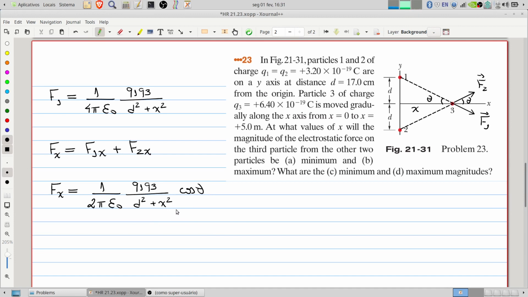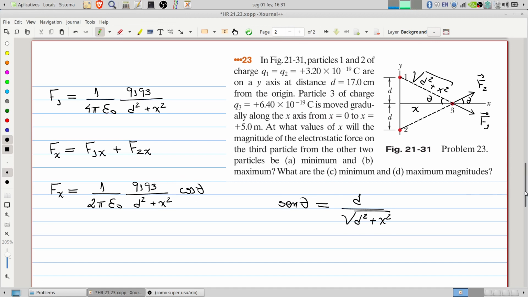So to work with the angle theta, we'll notice that the sine of theta equals d divided by the square root of d squared plus x squared.